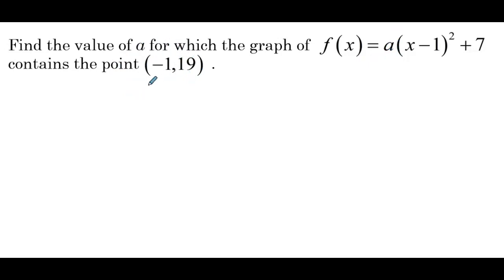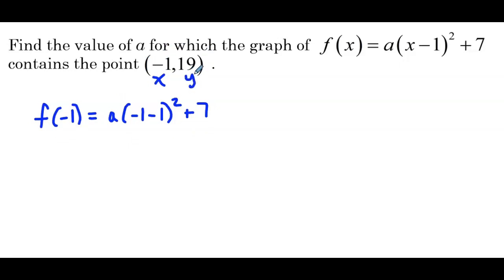So the first thing that I'm going to do is plug -1 in for x. So f of -1 is equal to a times -1 minus 1 squared plus 7. Now what is f of -1? Since they gave us the point, the y value here, 19, that's the output for f of -1.